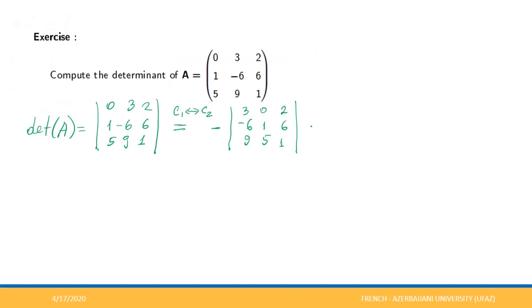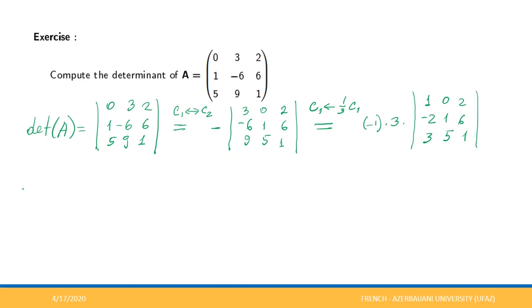Here I will use this elementary operation. Instead of first column, we write 1 over 3 times first column. Then it will be minus 1 times 3 times the determinant 1, minus 2, 3, 0, 1, 5, 2, 6, 1.